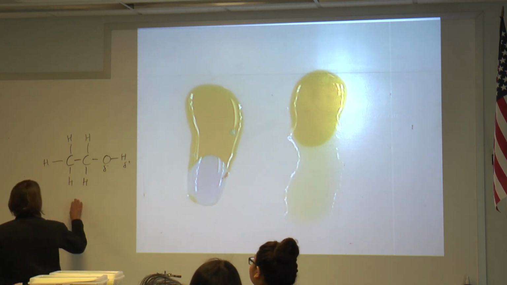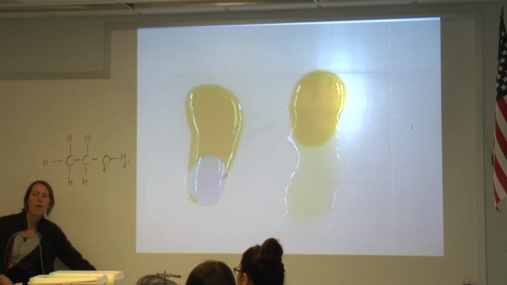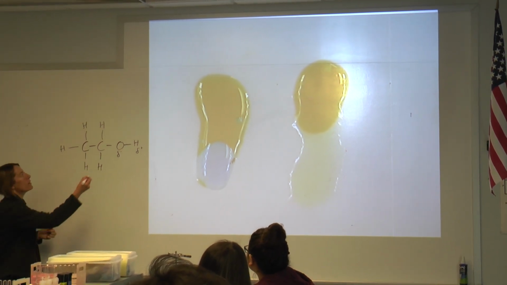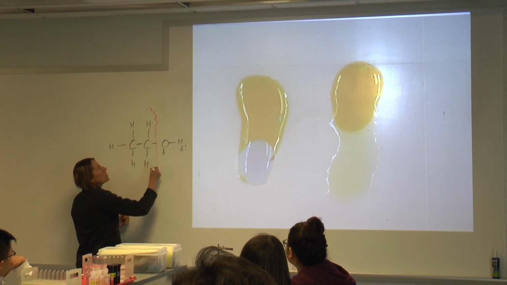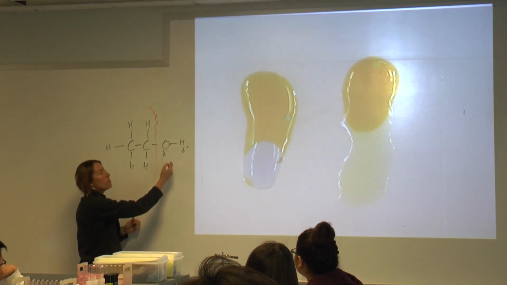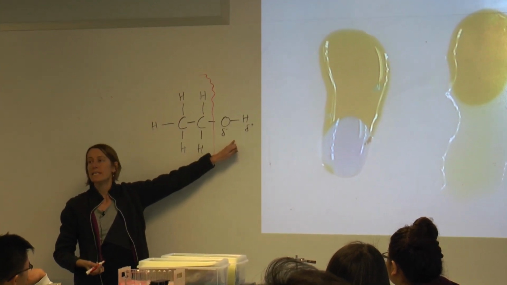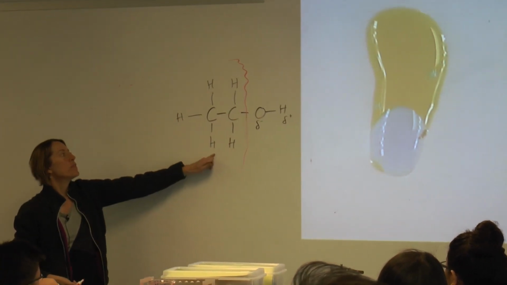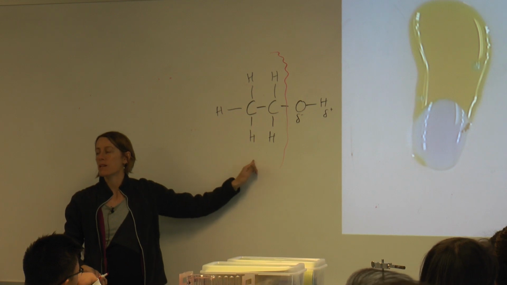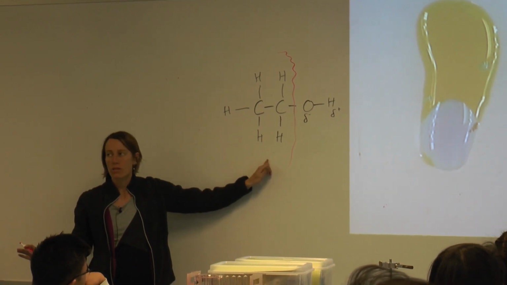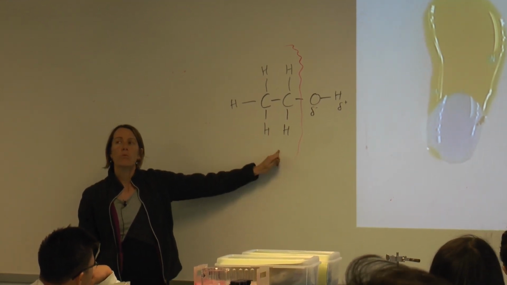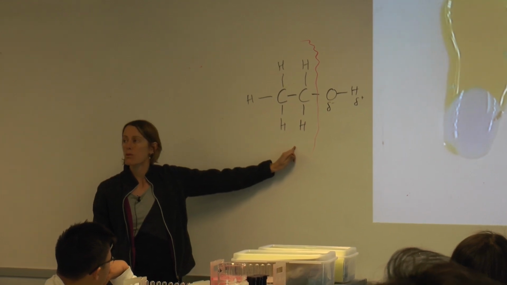So if we go back to our alcohol molecule, do you remember how we talked about how we can sort of divide this into two? The front end of the alcohol molecule has the partial charges. So this is really, really liking water and hating oil. But this end, because it's just carbons and hydrogens, has no partial charges. It does not like water, and it actually would mix quite nicely with oil.